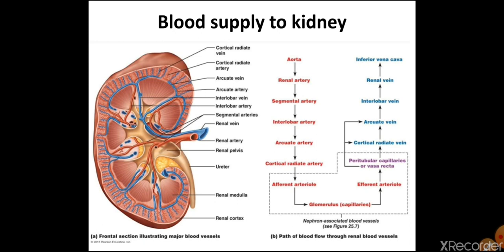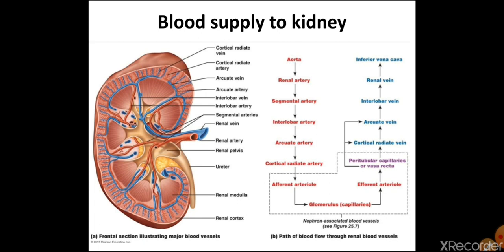The blood supply of the kidney is slightly complex. The arteries and veins are very much branched, as we can see in this diagram. The dorsal aorta comes out from the heart and supplies oxygenated blood to the kidneys.